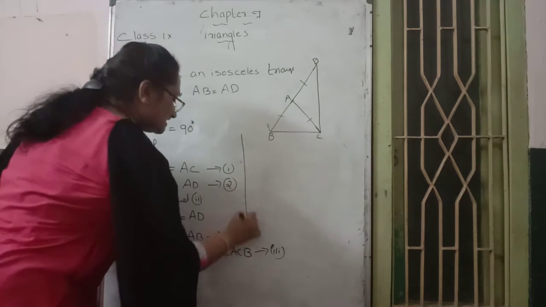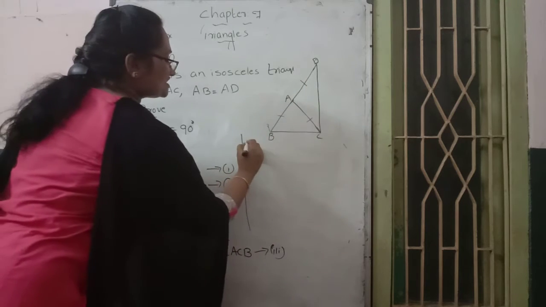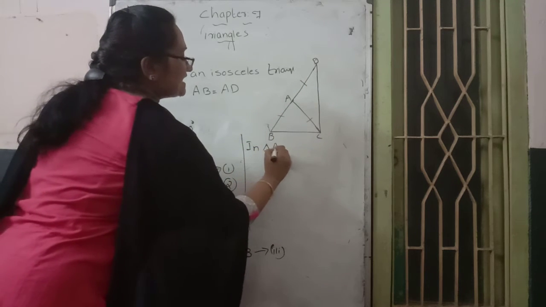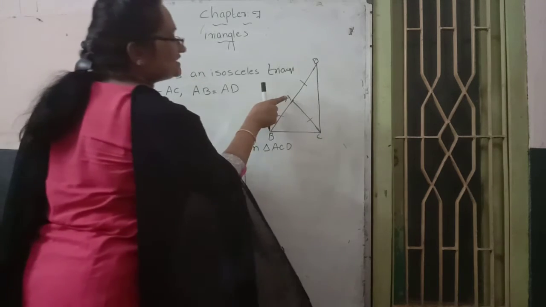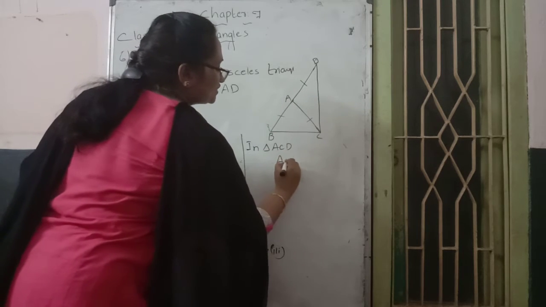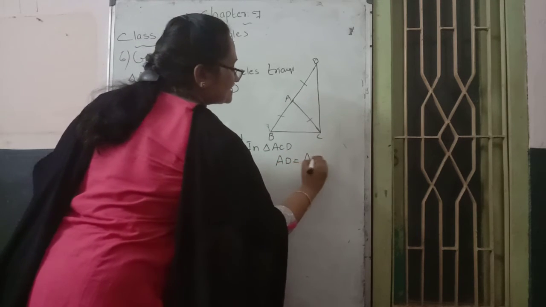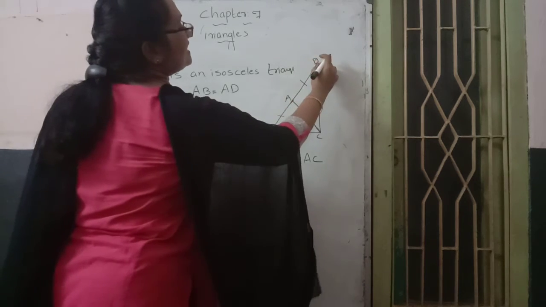Then next we go through the second small triangle, triangle ACD. There also, which are the equal sides? They marked the AC side and AD side as equal. So we can write AD and AC sides are equal. There also we apply equal sides, opposite angles.